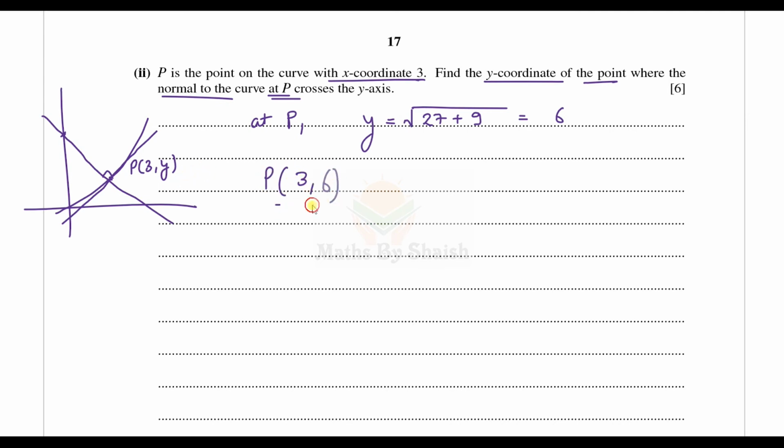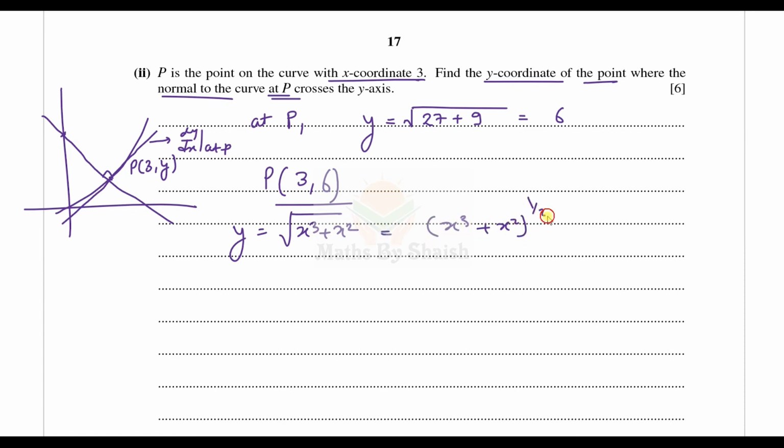Now the gradient of the tangent is dy over dx at P. y is the square root of x cubed plus x squared, or we can write (x cubed plus x squared) to the power 1 by 2.